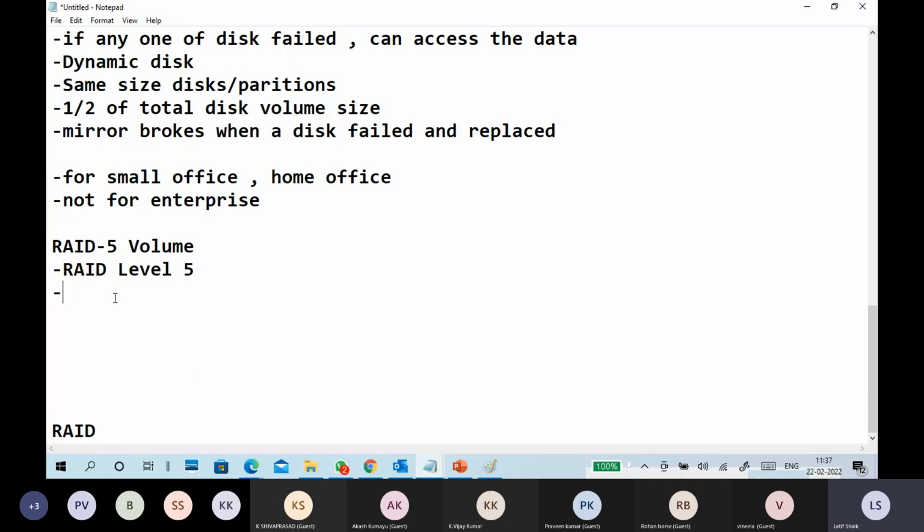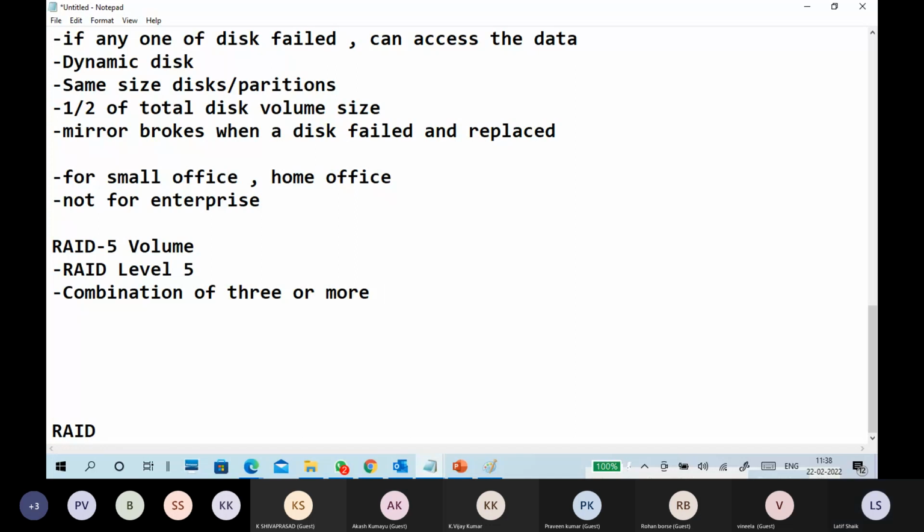Here we use a combination of a minimum of 3 disks, 3 or more disks as per the text, but generally we use 3 disks only.